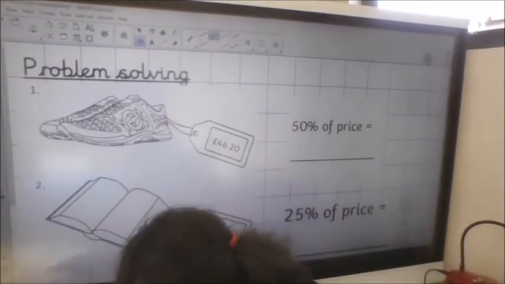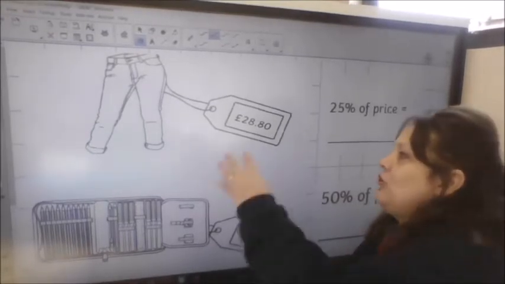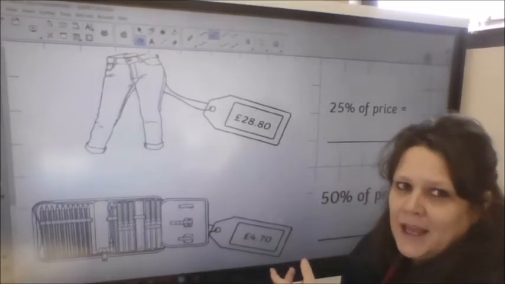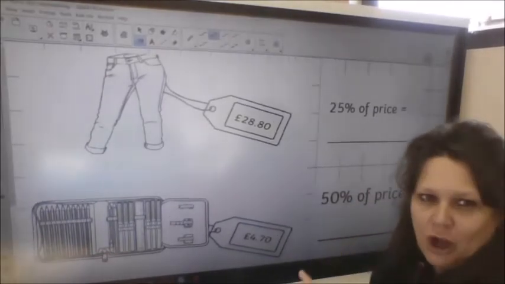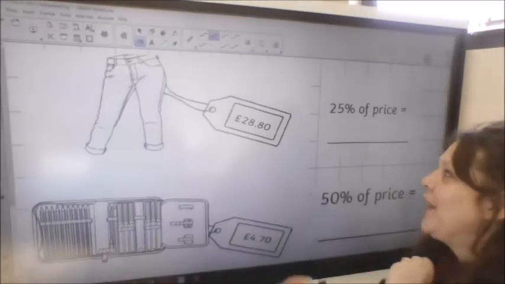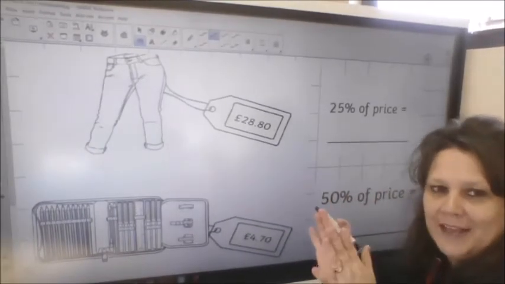Then we've got these. We've got a pair of jeans and they're £28.80 originally, but 25% off. So what is the new price for these jeans in the sale?